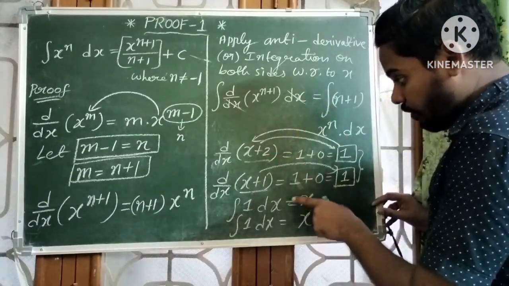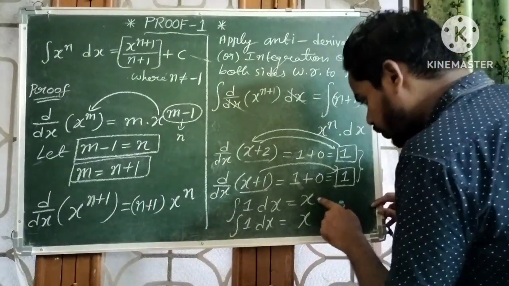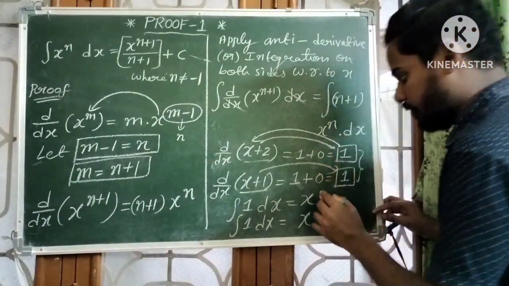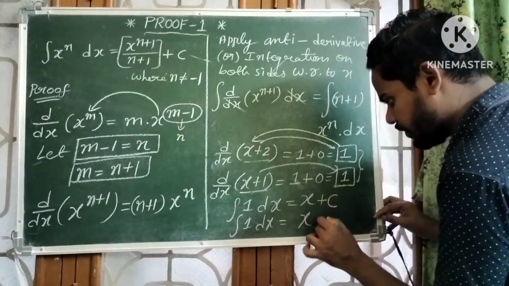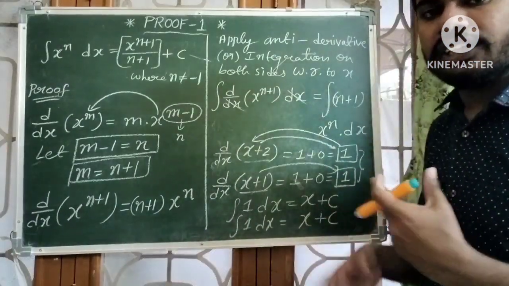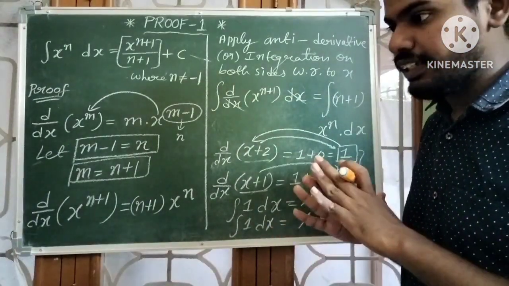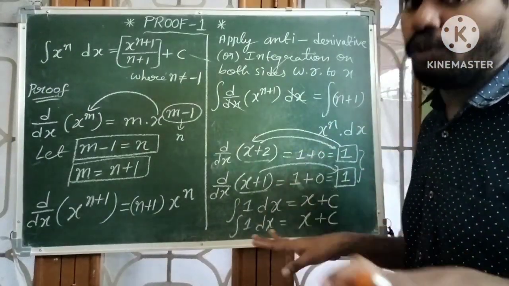But we got antiderivatives x and x. So this is not the exact function. There will be some arbitrary constant, that constant is c plus c. That's why integration of functions, or the antiderivative of functions, is not unique.